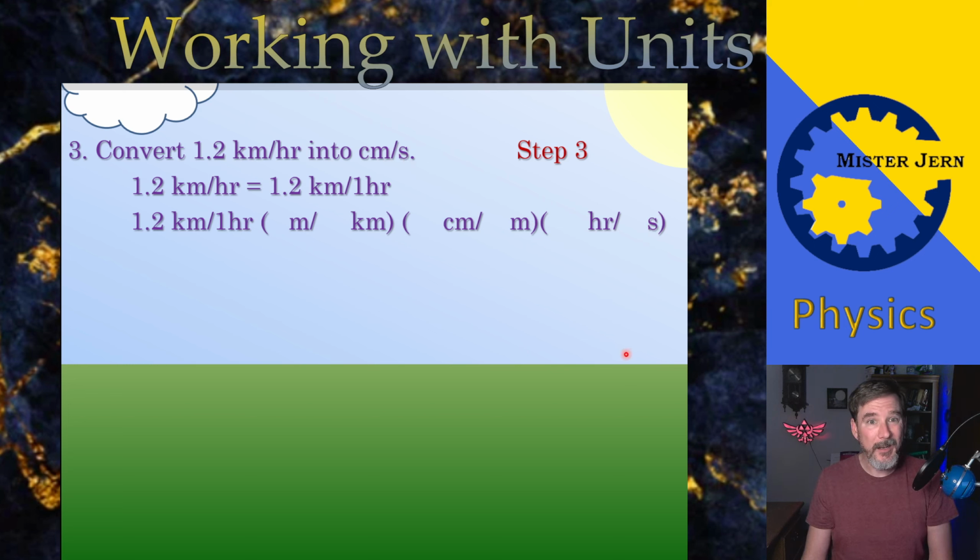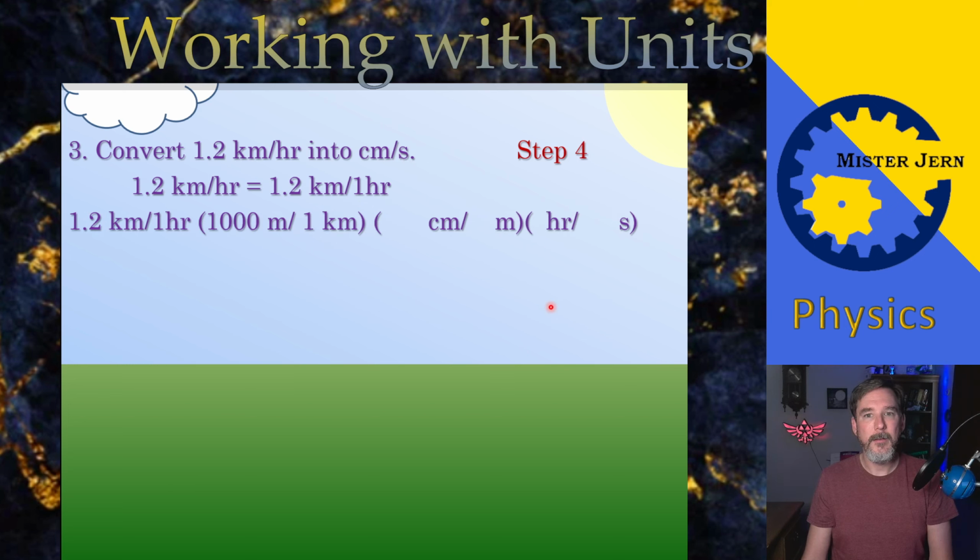So only now do I put in all the numbers. I know that there's 1,000 meters in 1 kilometer. I know there's 100 centimeters in 1 meter. And I know that 1 hour is equal to 3,600 seconds. It's all just equivalency. How many of each?